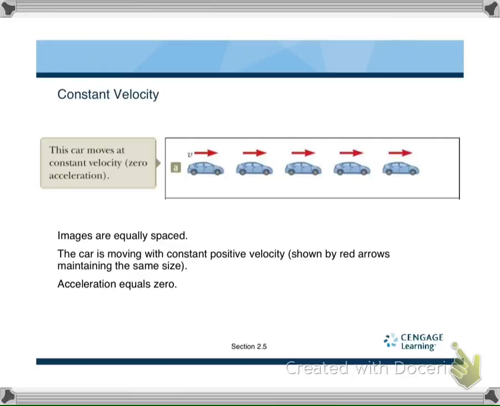If we measure the position of an object, in this case it's a car, and the time difference for each measurement, I mean the time difference here, delta t here, and delta t here are equal.